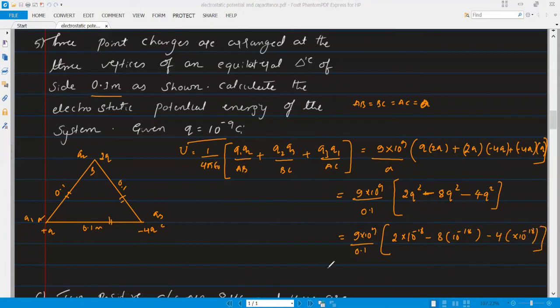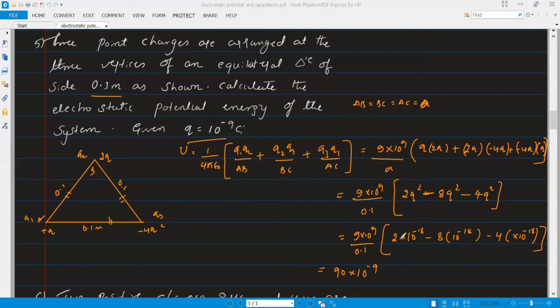So this can be done as: if we substitute everything and take it out, this is going to be 9 divided by 0.1, that is 90 into 10 to the power of 9. Everywhere there is 18, so taking 18 common, this is going to be minus 18 plus 9, so 10 to the power of minus 9 is going to remain.